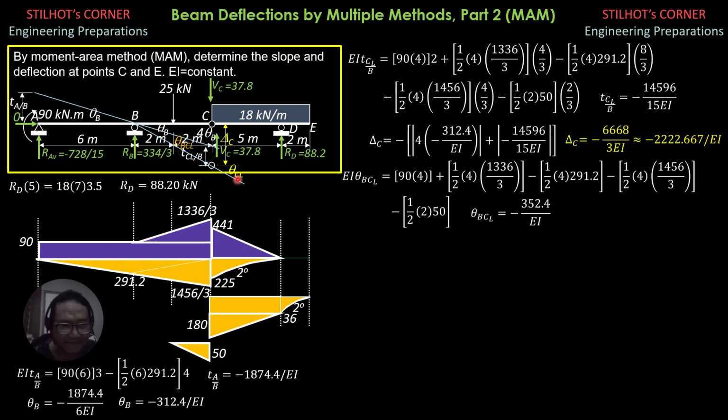So it is negative of the quantity absolute value of theta B plus absolute value of theta BC left.